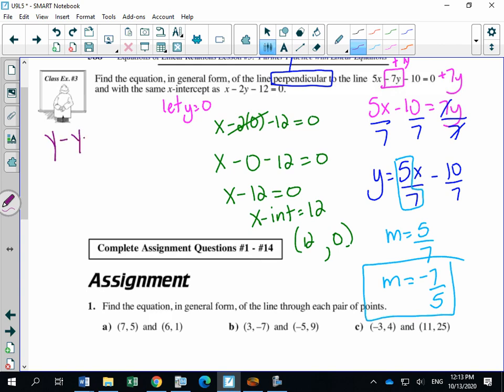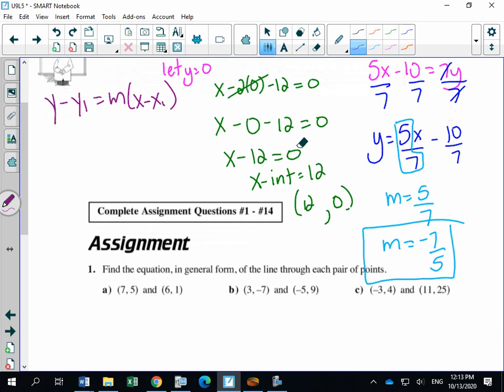Y minus y1 is equal to the slope, open bracket, x minus x1. So my point is x1, y1. And you guys, instead of writing y minus 0, what could I just write? Y. Yeah, you could write y minus 0, but that's just y. So we'll write, say that again, Rebecca?